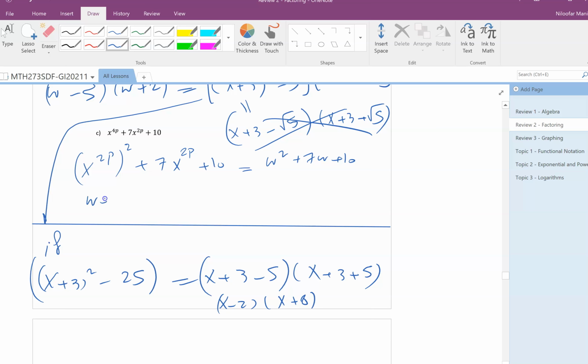Okay, so w plus 2 times w plus 5. And then don't forget, I didn't give you w from the beginning, so you have to go back. So it is x power 2p plus 2 times x power 2p plus 5.